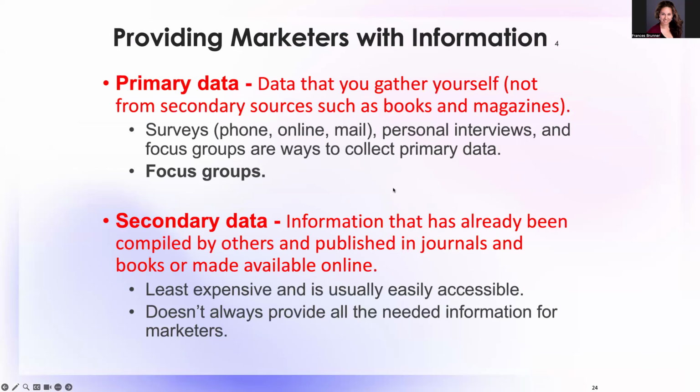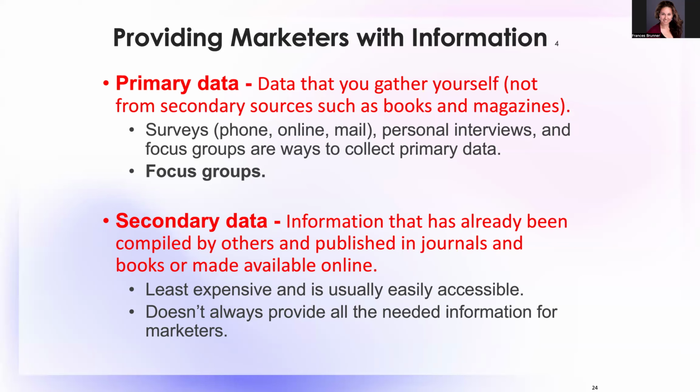Now, data can come in two different forms. Primary data is data that you have collected firsthand, the information that you gather yourself. This might come through taking a survey, and asking focus groups what their opinions are on the product. Secondary data is information that has already been published.